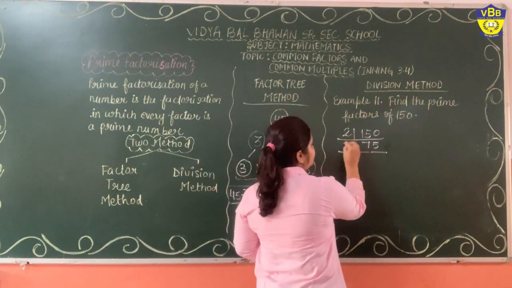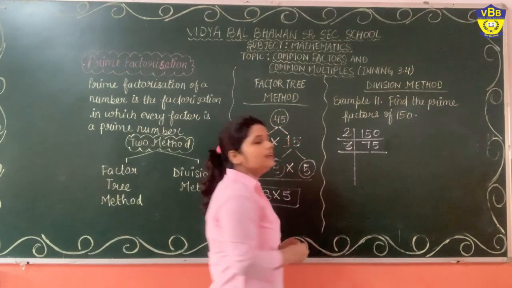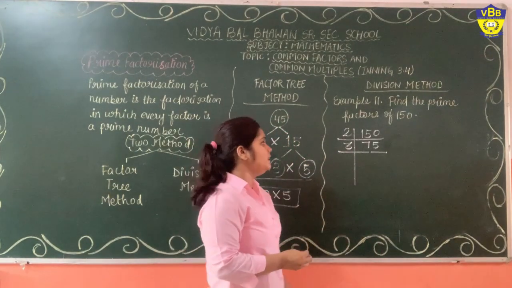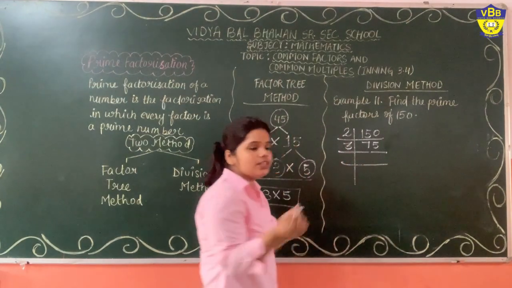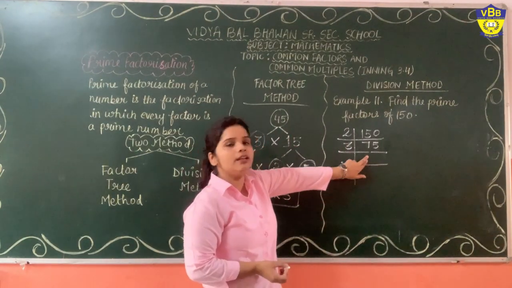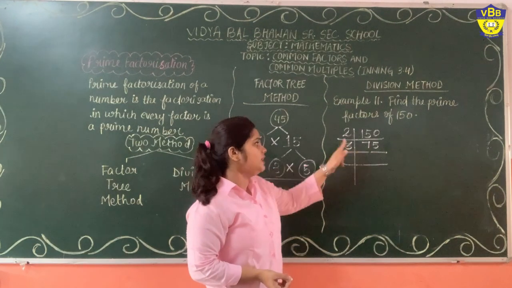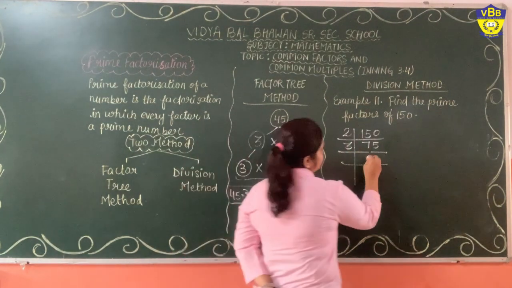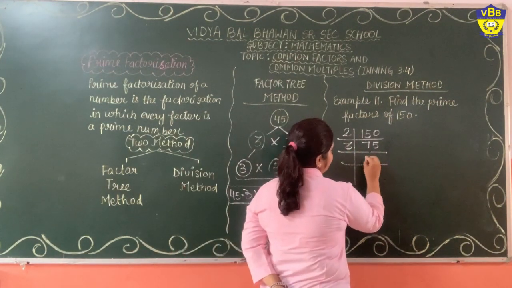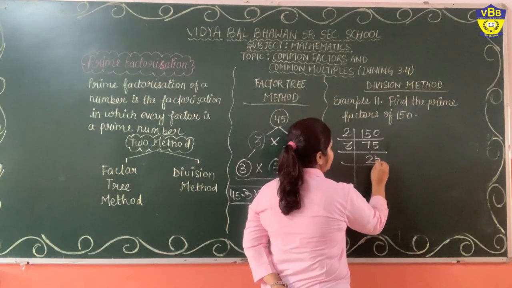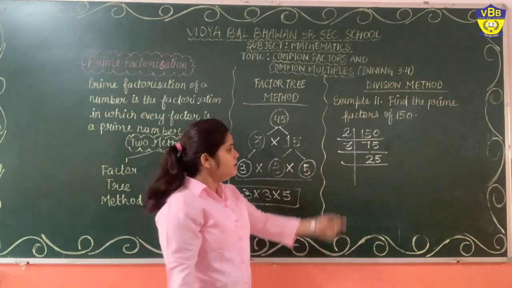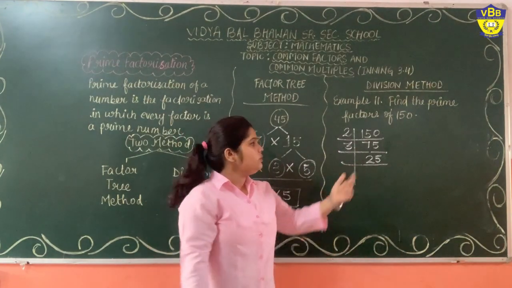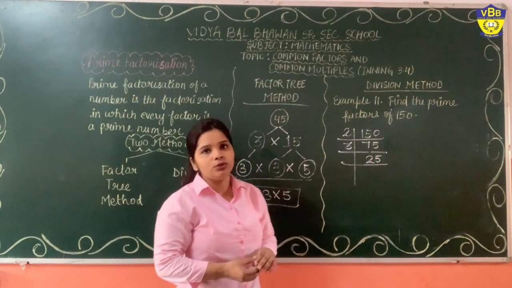So we will write 3 here and divide 75 by 3. When you divide 75 by 3, you will get a quotient and it should be written here. Dividing 75 by 3, the answer is 25. Now repeat the process with 25.